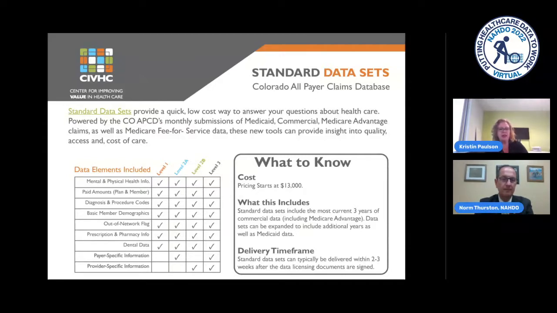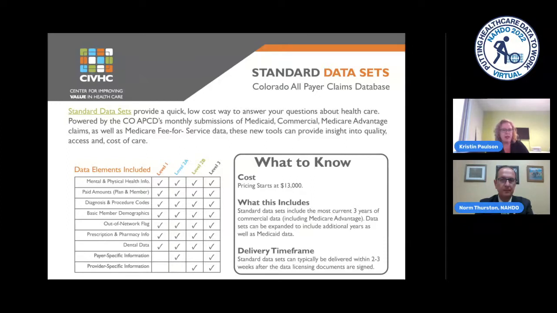We also included member and provider proxy IDs to allow for longitudinal analysis. And then built out 4 different levels. The 4 different levels are tailored to different levels of antitrust risk and are available to specific audiences.